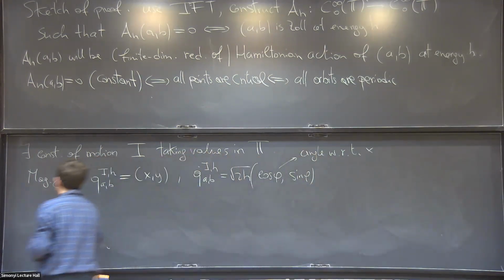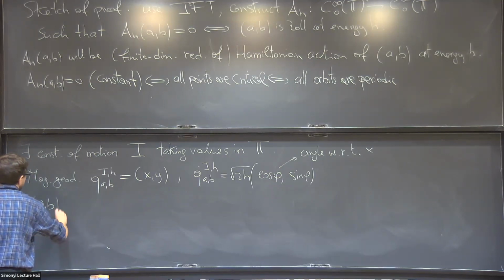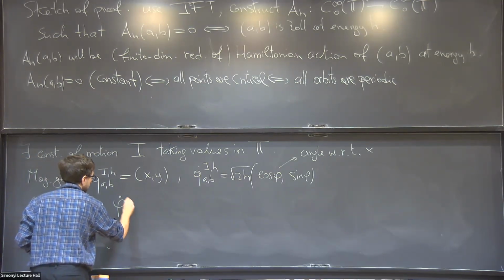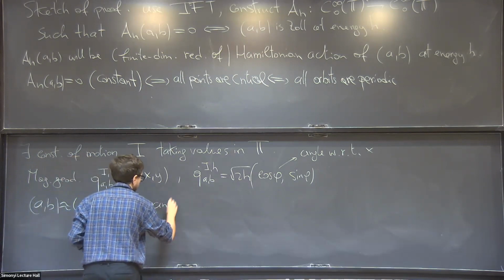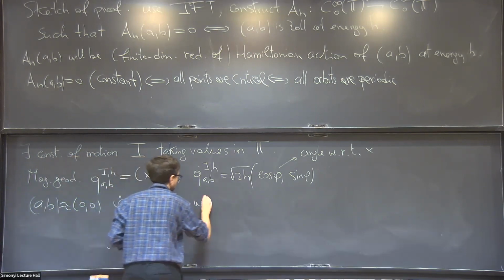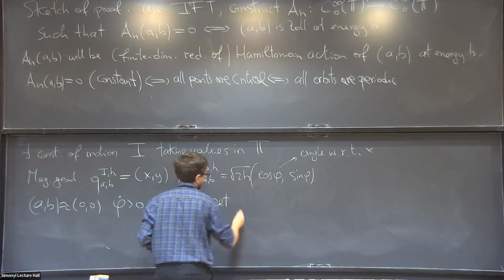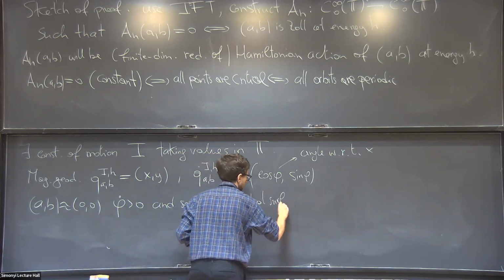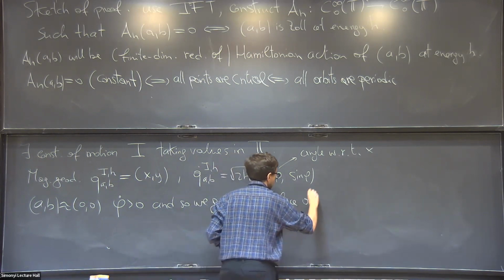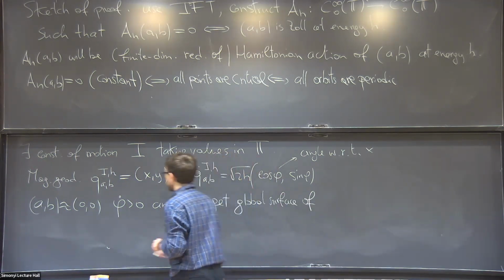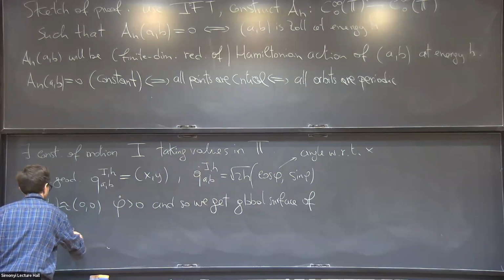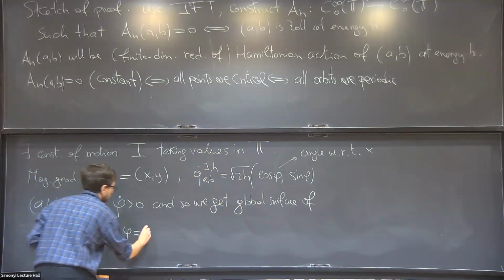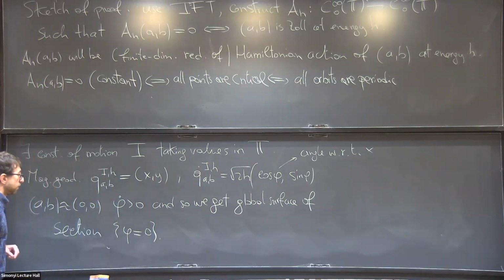Okay, and if AB is actually close to 0, 0, then this angle will always be increasing, and so we get the GSS, a global surface of section, which is given by phi equal to some fixed value.